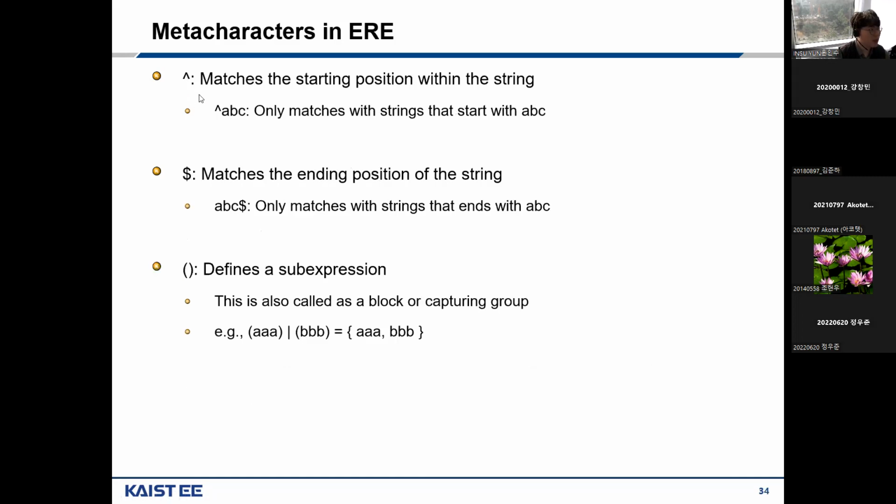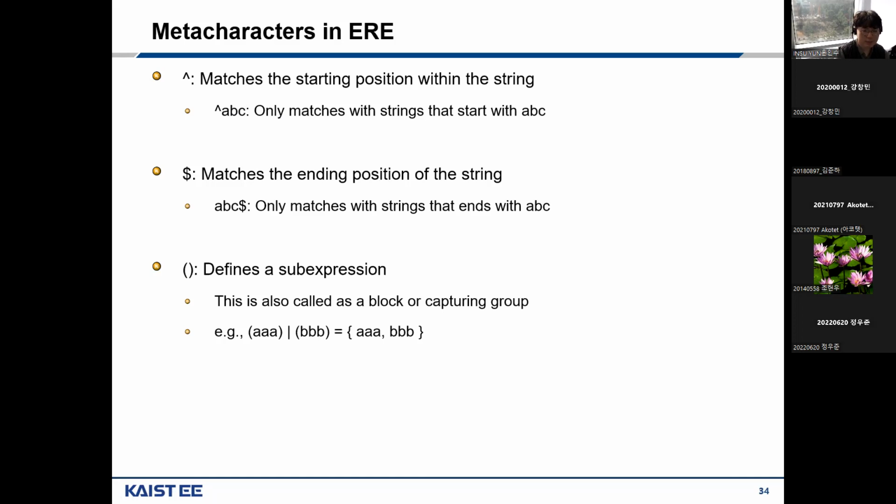And there is another meta character, cap. This is used to match the start position within the string. So if you put cap ABC, that means it will only be matched with strings that start with ABC.